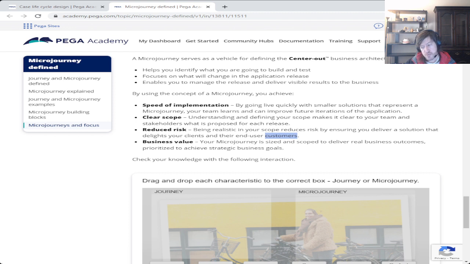So for example, I'm in a programming company, I'm designing an application for Walmart. I'm providing a solution to Walmart, and that application will help out their customers.